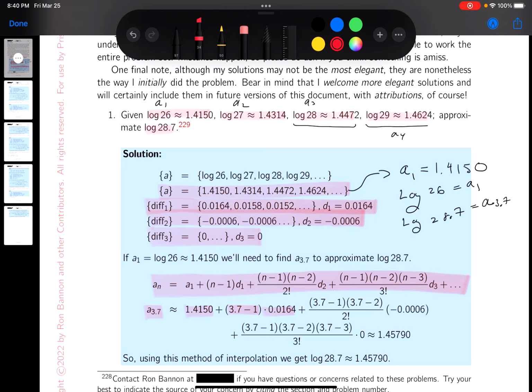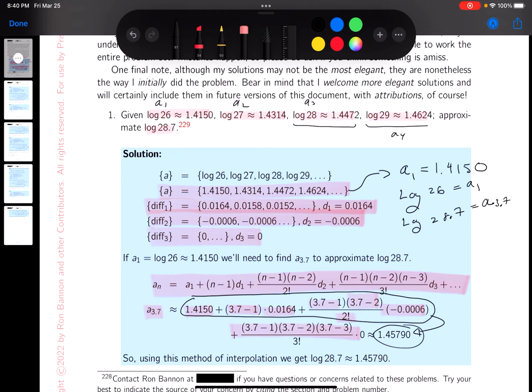And then it's going to be 3.7 minus 1, 3.7 minus 2 over 2 factorial times the D2. All right? And now the D3 is 0. I don't know why I wrote it down, by the way, but it's 0, all right? So really what am I computing over here? All I'm doing is computing this. And I'm going to say that's equal to that over there.